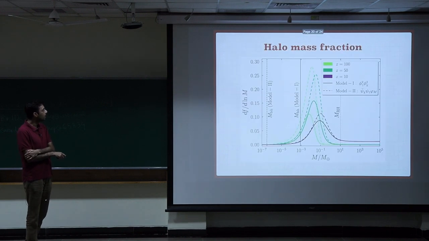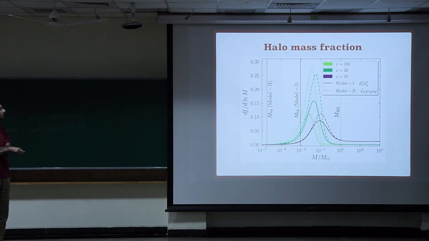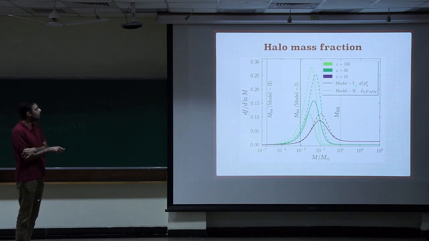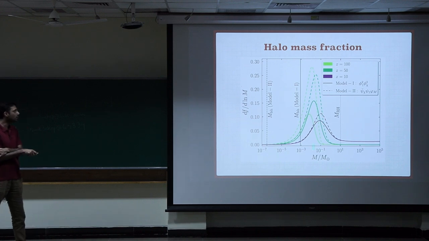So here, I was showing this halo mass fraction as compared to the standard picture. As you see, in the standard model 1, the mass fraction is around the subsolar mass, and these two are different. So this is at z equals 10. If you see the scalar dark matter versus the fermionic dark matter, the mass fractions are different, but they are all sub-Earth mass halos.